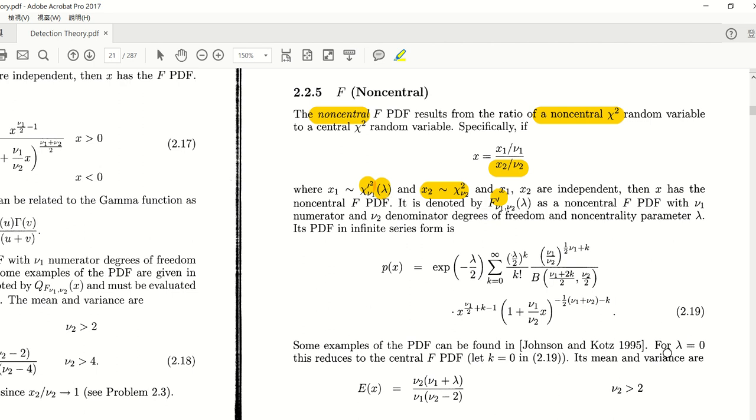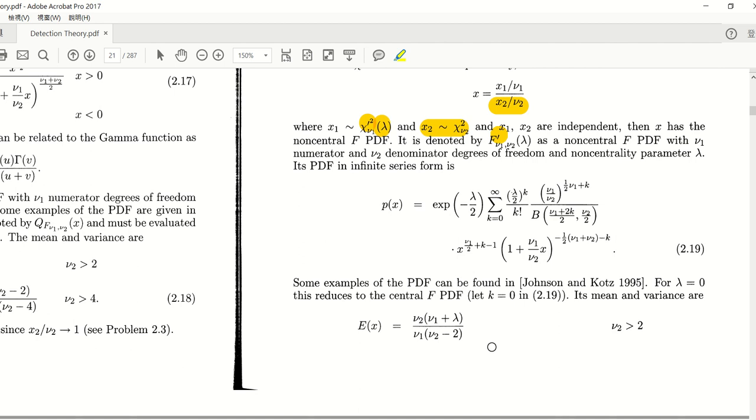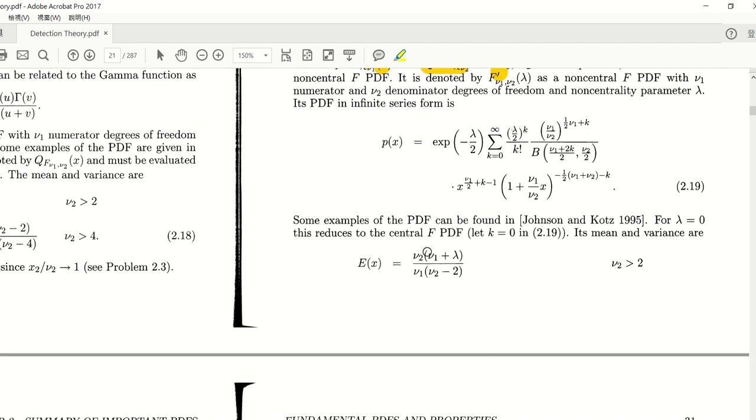If we do the mathematics, and of course in the practice problems there would be such practices, it will reduce to the central version, which we call the ordinary version. Sometimes its mean is like this; it has V2 and lambda, and then V1, V2 minus 2.